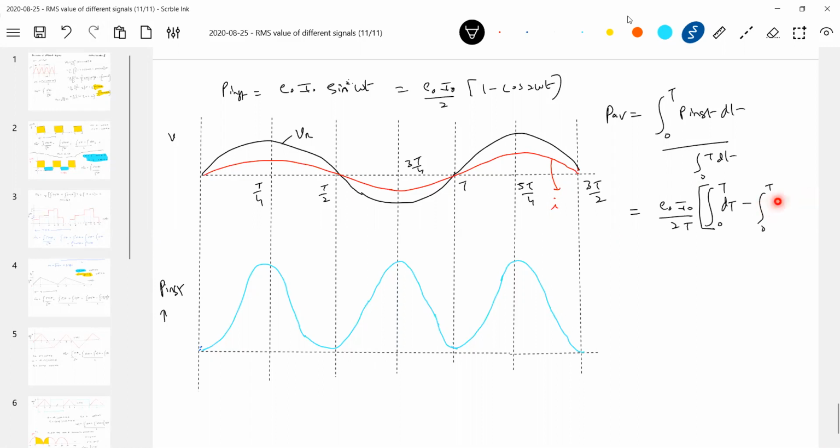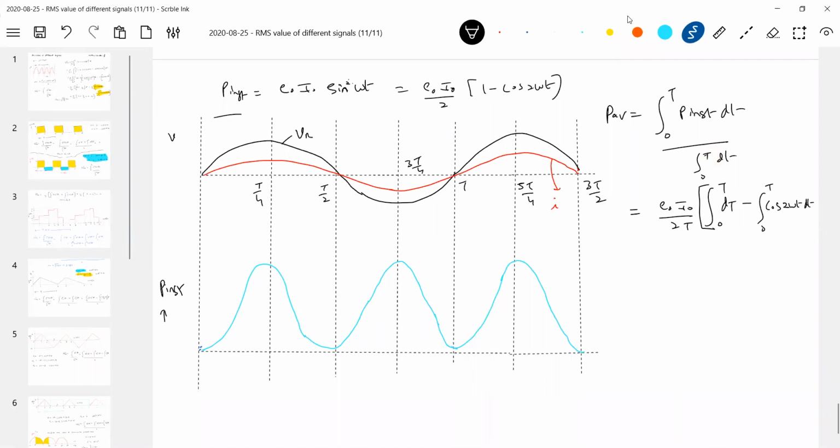I'm calculating the average power. Try to see this carefully, observe it. Expansion of this cos 2 omega t, this I substituted here for one cycle.